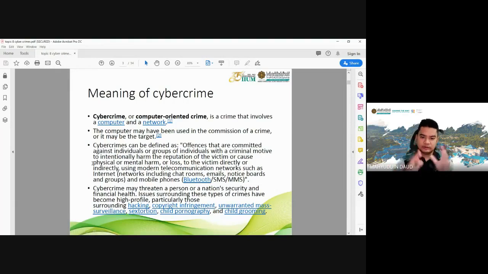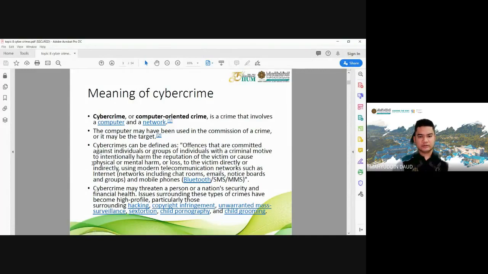So it is not just one single statute that regulates cybercrime. For hacking, we will look at the Computer Crimes Act. So there are many acts regulating cybercrime, so bear in mind that we are not really stuck to one single act as far as cybercrime is concerned.